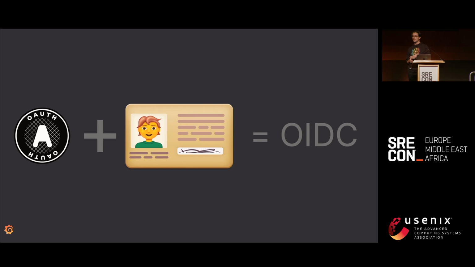That's what OIDC brings us. Building on top of OAuth 2.0, OIDC adds a new standard type of token called an ID token. We'll see one of these in a minute. With the ID token, you can know who is accessing your API. OIDC can be used both in cases where a user is present, like logging in with a Google account, and for machine-to-machine use cases like our CI one.